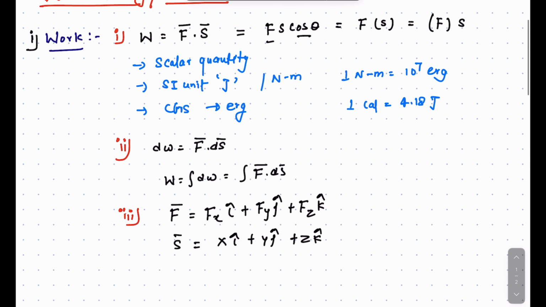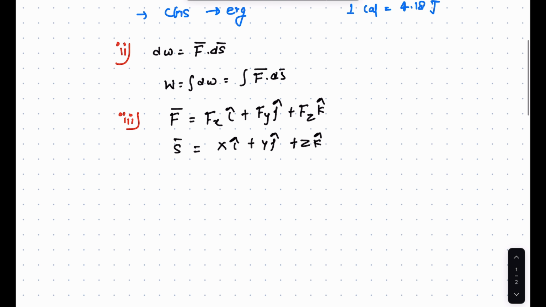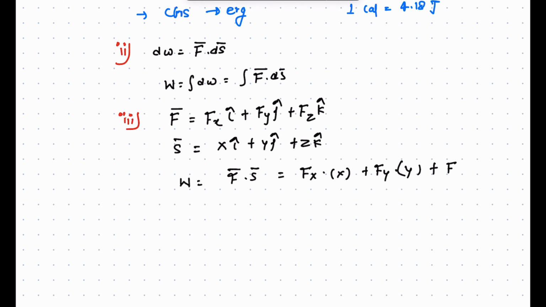Then we would apply this formula if the force is constant. The work done is F vector dot S vector, so Fx times x plus Fy times y plus Fz times z.